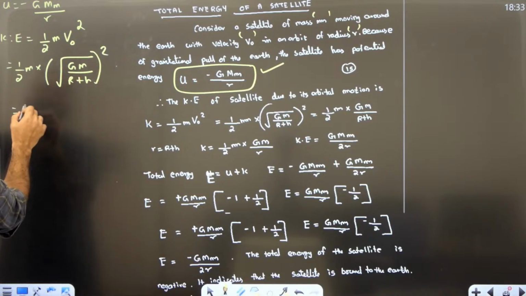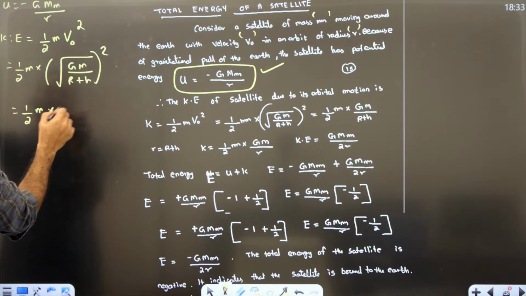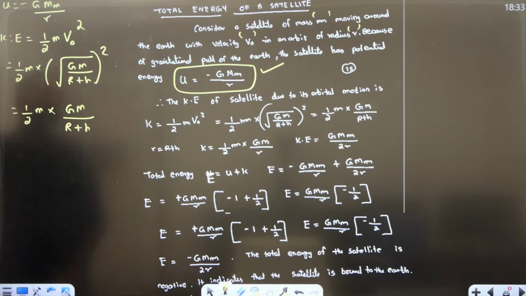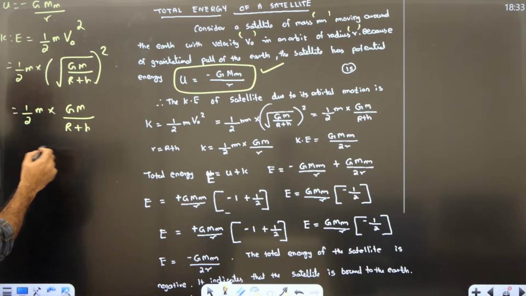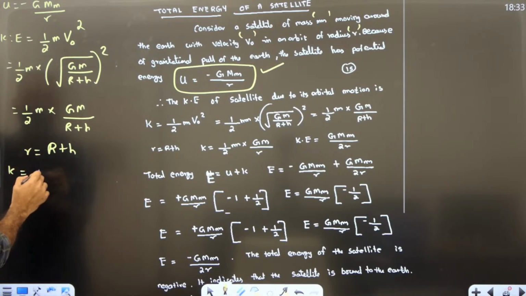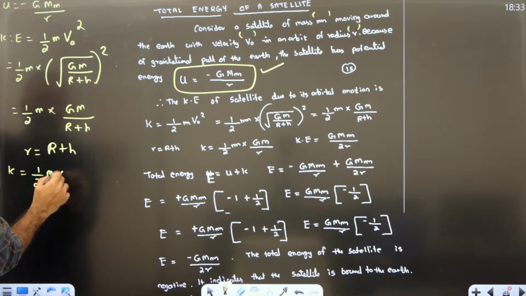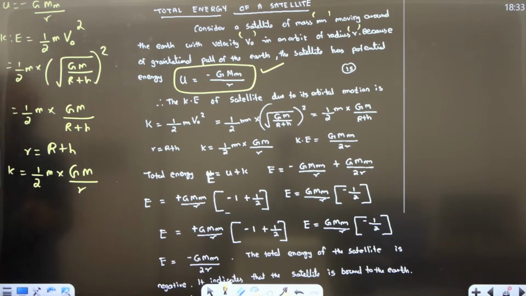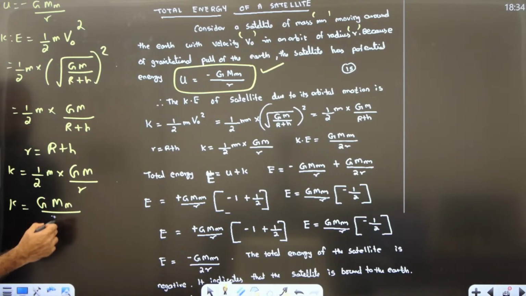I am putting this r plus h as small letter r. Small letter r equals R plus h. What is the kinetic energy then? Half m into GM by r. So this is the equation for kinetic energy, or kinetic energy is equal to GMm by 2r.